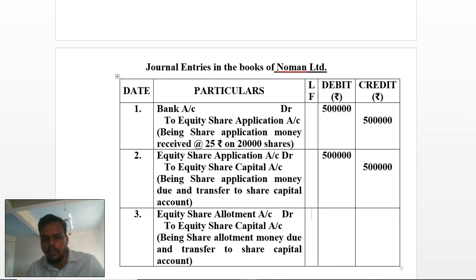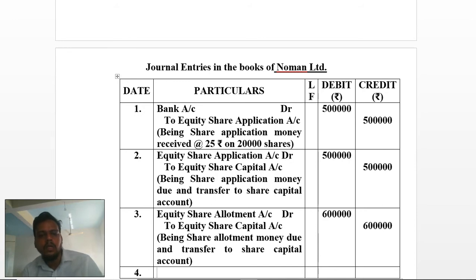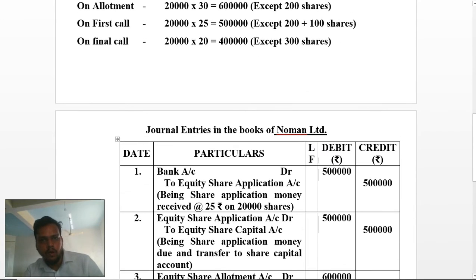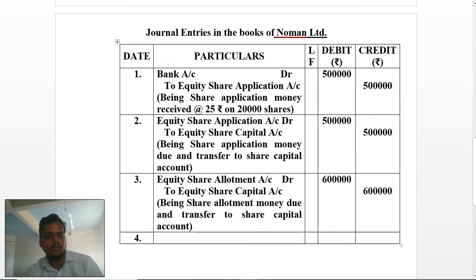The amount will be 6 lakh rupees because we have to receive 6 lakh. Okay, now on entry number 4, at the time of receiving the amount, just be careful that 200 shares were not received. The allotment amount of 200 shares were not received. 2 threes are 6, means 6,000 rupees has not been received.